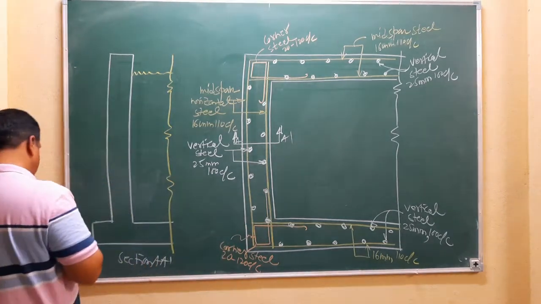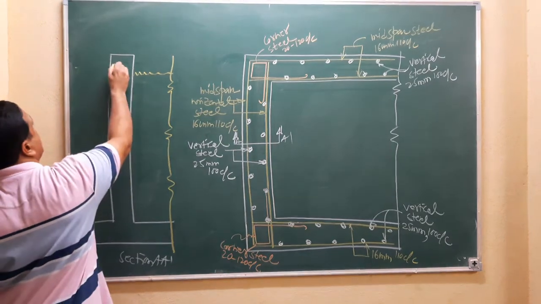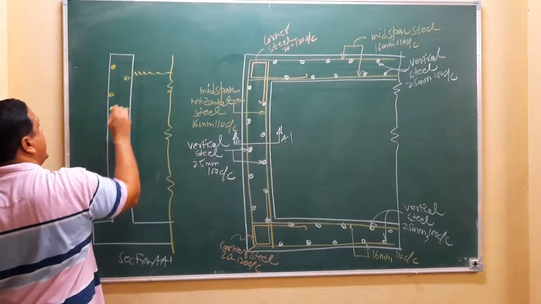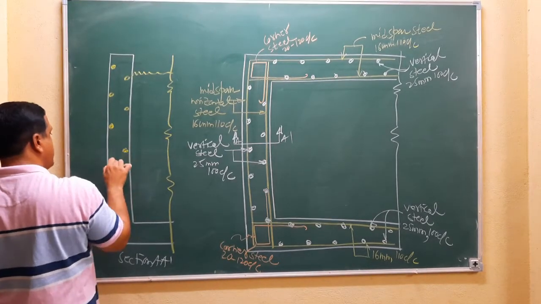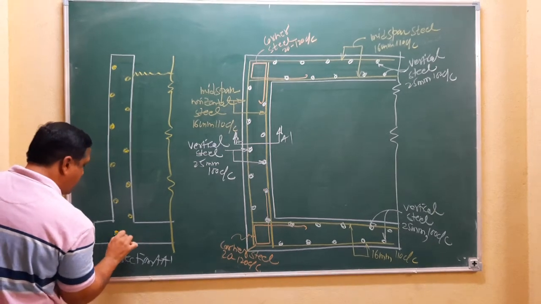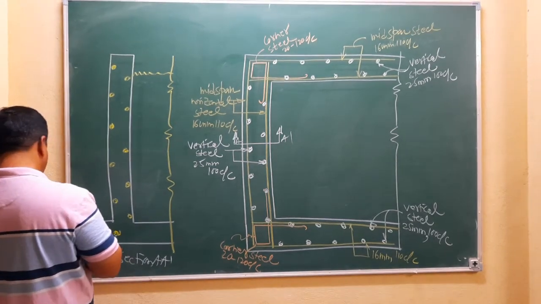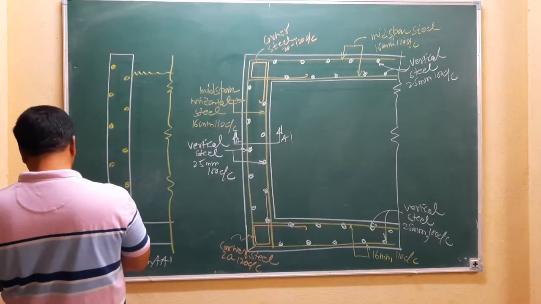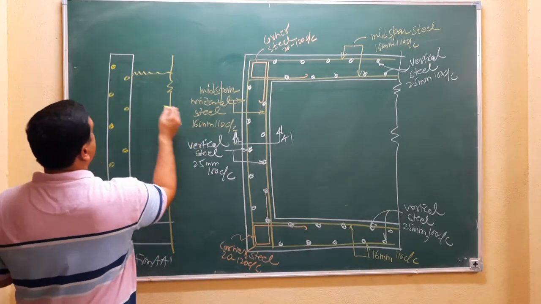So yellow steel is at the outer side, at mid span. That means horizontal steel. So you have to show mid span horizontal steel.